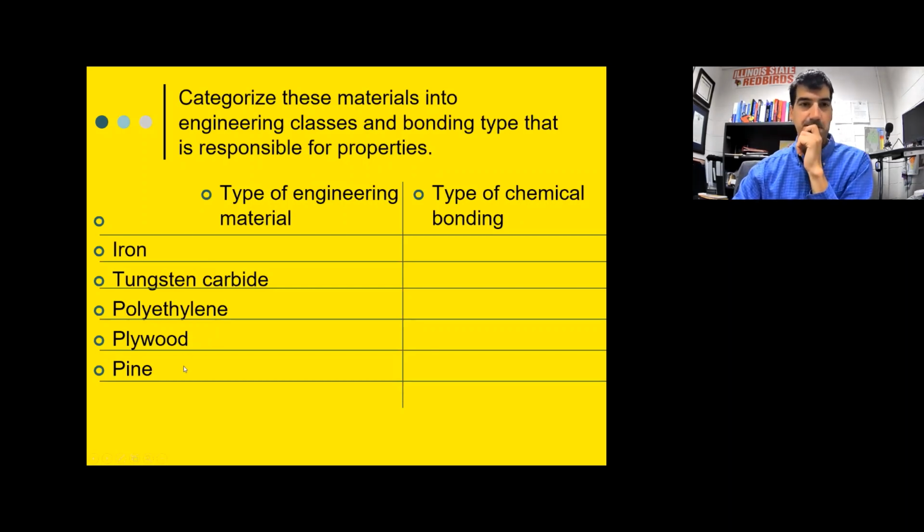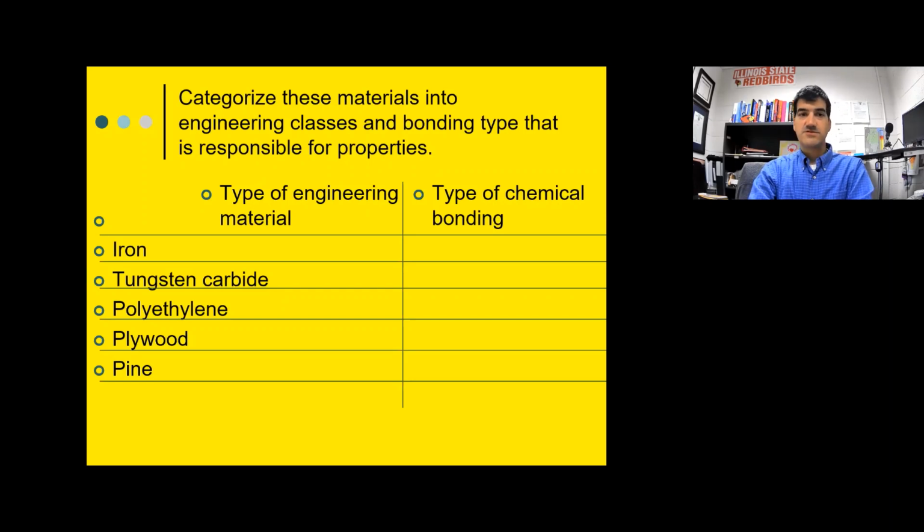All right, so we've talked about most of these. There are a few here where we may not have talked about them specifically. For iron, that one's pretty easy. It's a metal, so it's got metallic bonding, right? Tungsten carbide. Well, we know that's a ceramic material. And what type of bonding does it use?